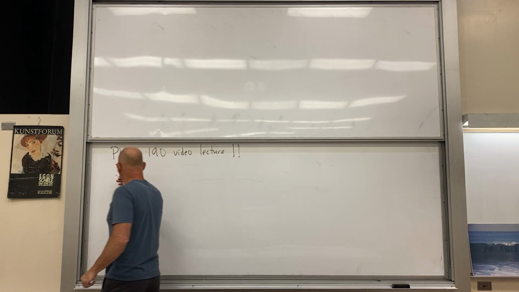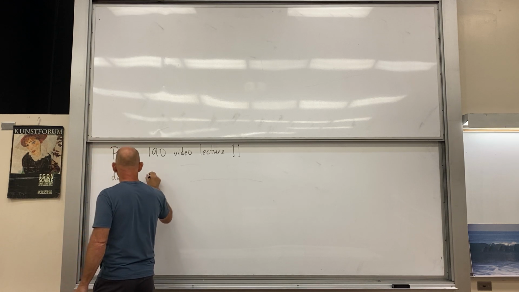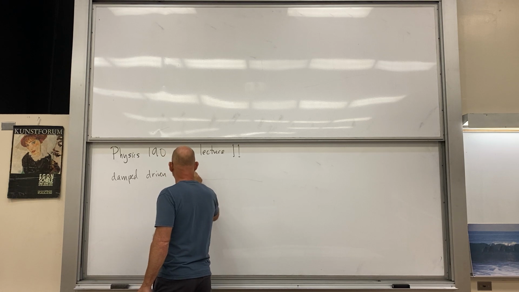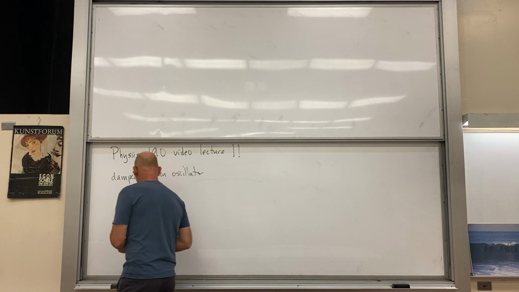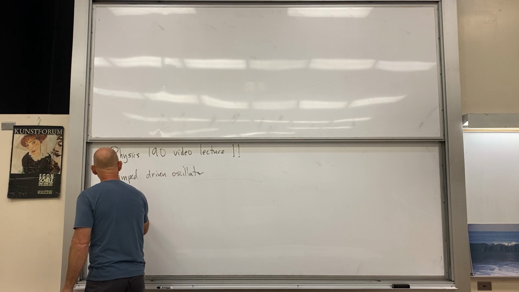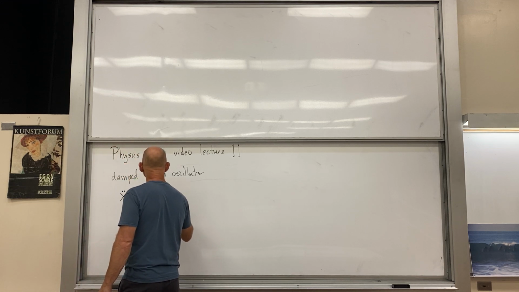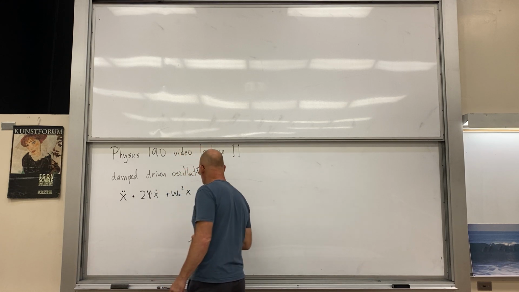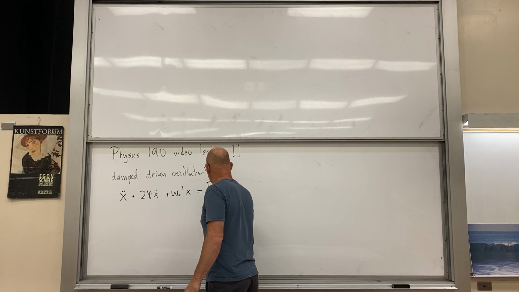So what we had here was the damped driven oscillator. And its differential equation, I'll just go straight to: 2 time derivatives plus 2 gamma first derivative plus omega naught squared x equals f naught over m.